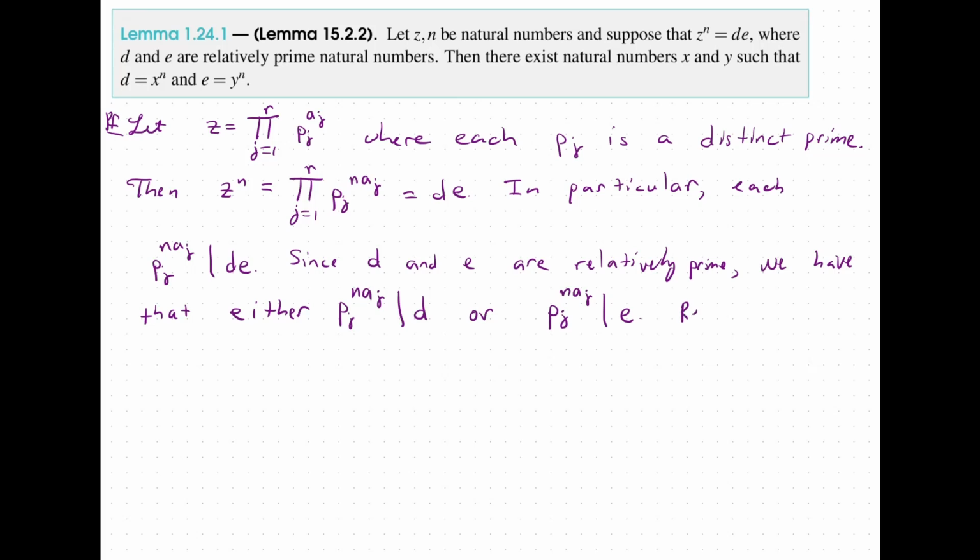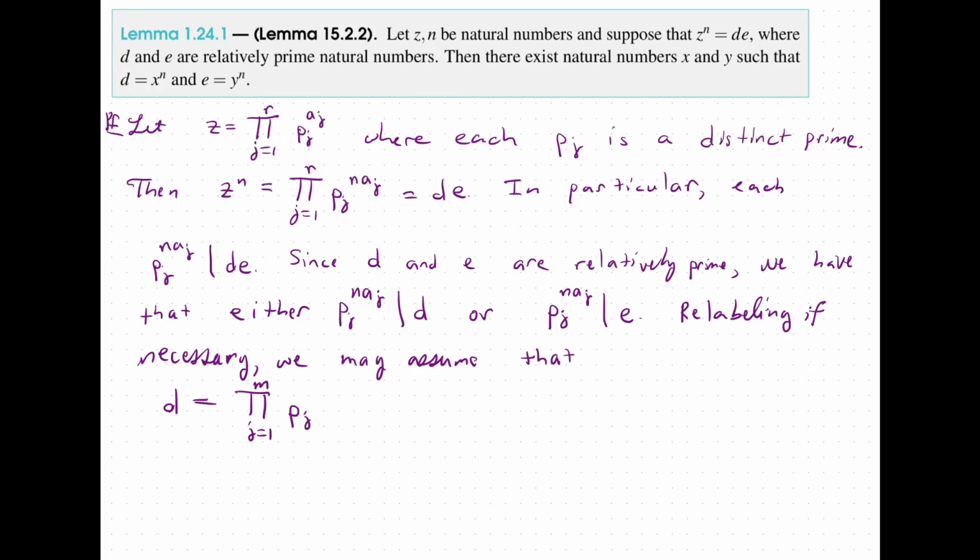Relabeling if necessary, we may assume that d is the product from j equals 1 through some m of p sub j to the n a sub j, and e is the product where now we're starting at m plus 1 and going through r.